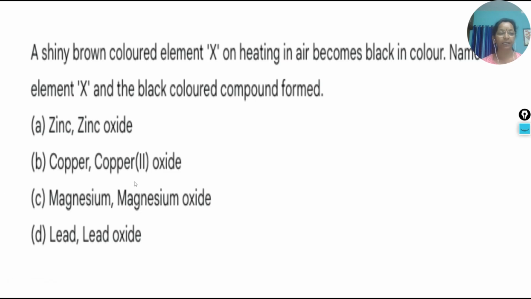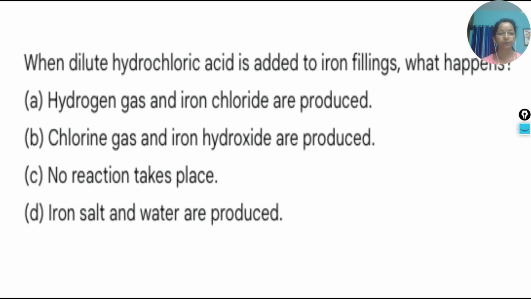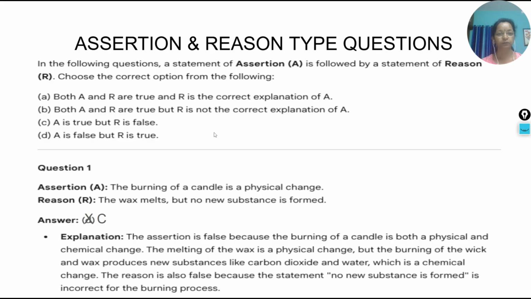Copper oxide is black in color and the brown colored element is copper only. Then another question: when dilute hydrochloric acid is added to iron filings, what happens? It is hydrogen gas and iron chloride produced, is the answer here.